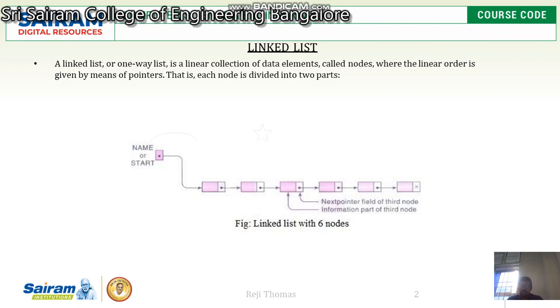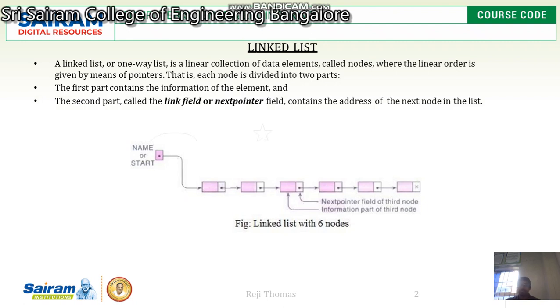At the same time, there is another pointer called start, name or first, which gets the address of the starting node. So the first part contains the information field, and the second part contains the address, which we call the link field or the next pointer.